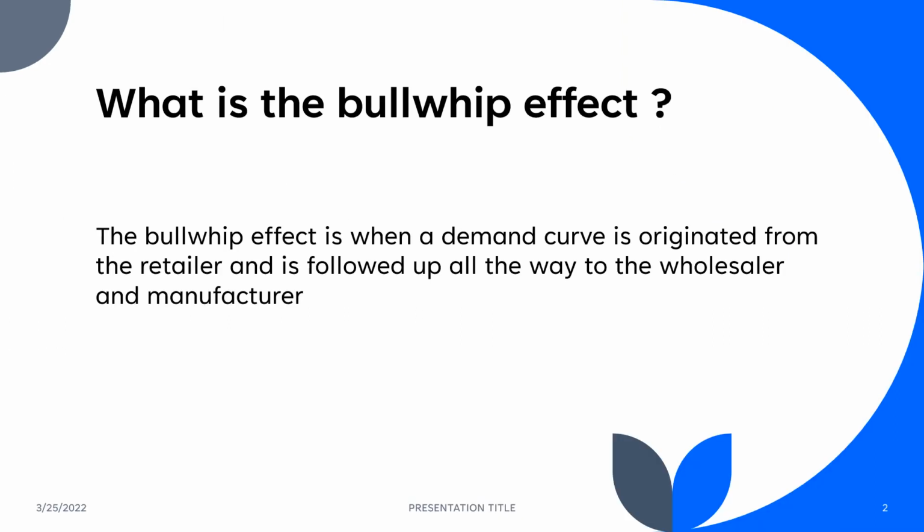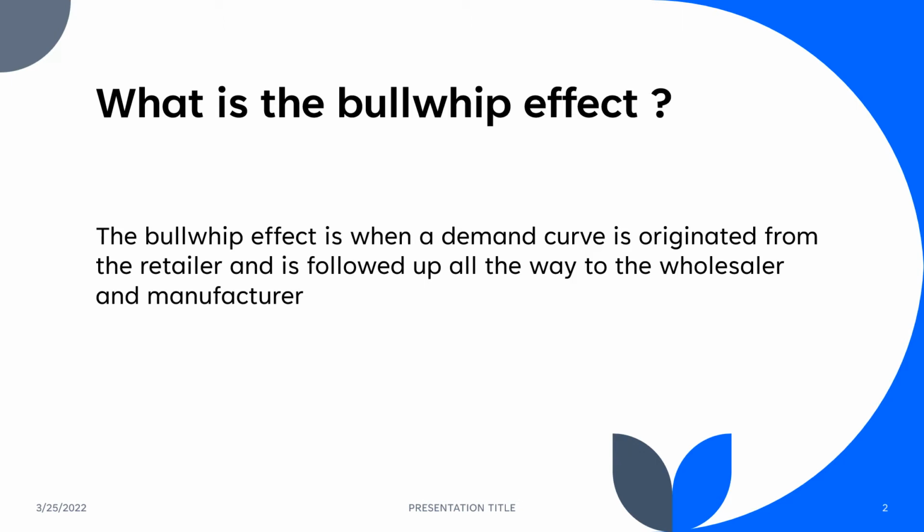Beginning with the bullwhip effect itself, the first question you may have is what is considered a bullwhip effect in the first place? A bullwhip effect occurs when a demand distortion or curve is originated from the retailer and is followed up through the wholesaler and also the manufacturer. When the retailer is having problems with demand, this will create a wave of demand that will continue all the way till it reaches the consumer.